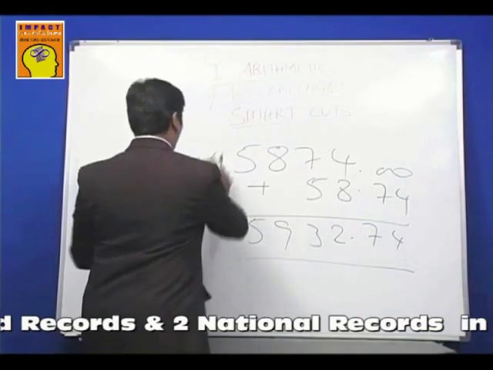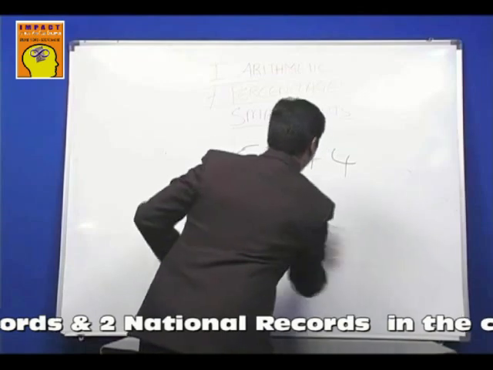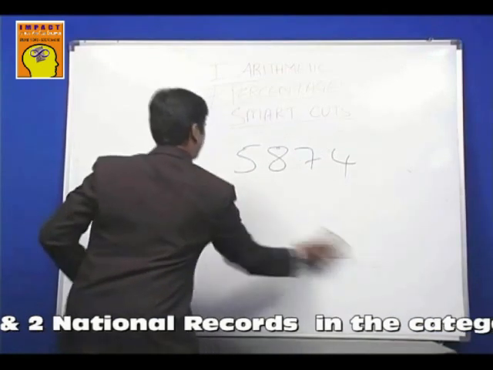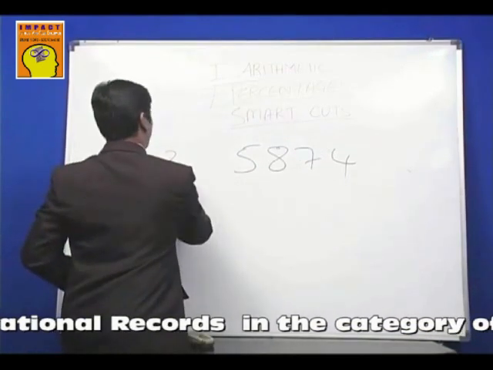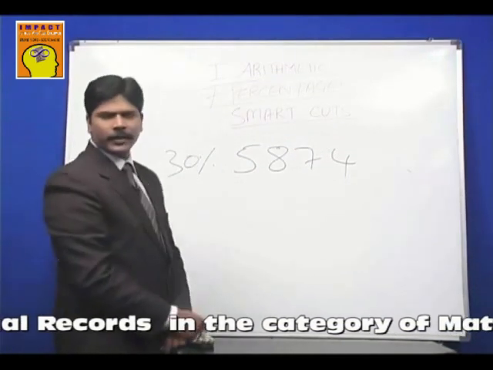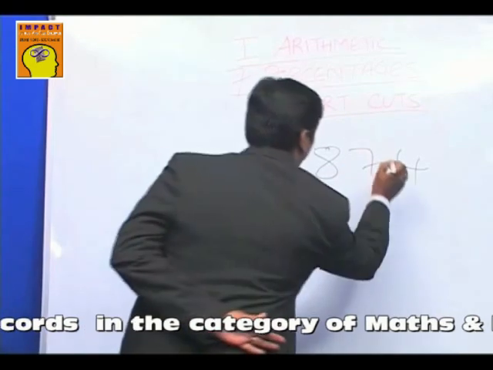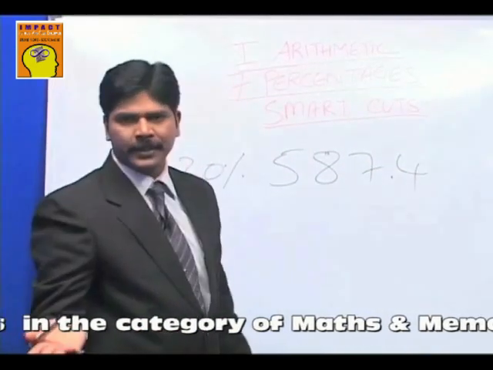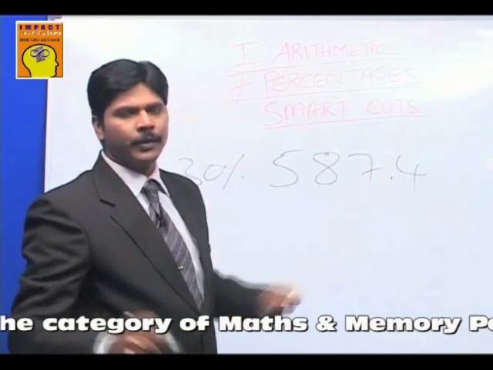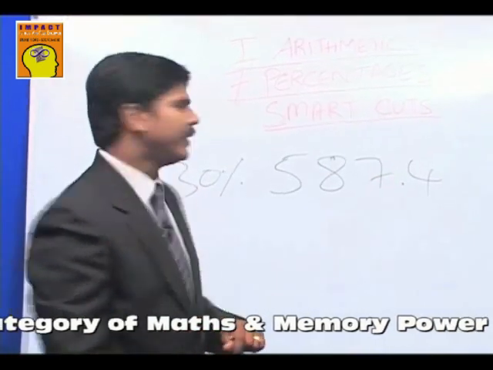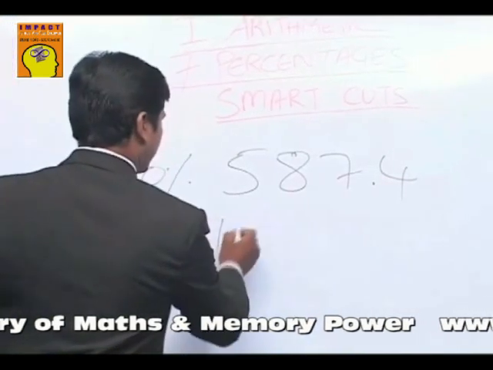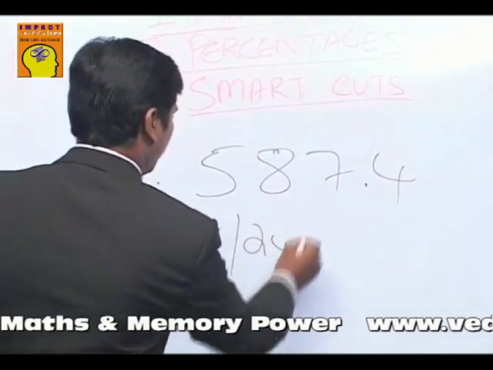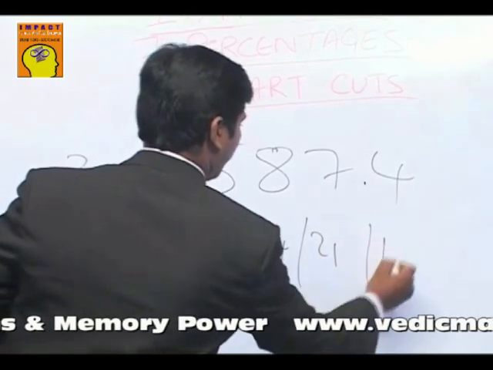Now, suddenly you want to access a percentage like this. You want to access 30% of this. Very simple. Now, put a point here, this becomes 10%. Multiply by 3, you get 30%. As simple as that. Okay? So, 3 5s are 15, 3 8s are 24, 3 7s are 21, 3 4s are 12.